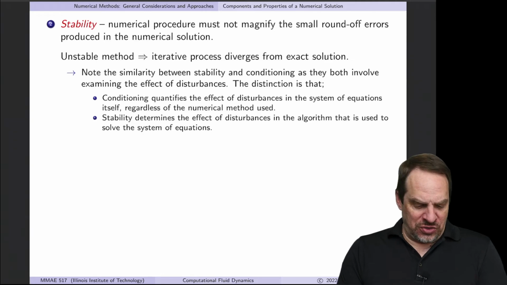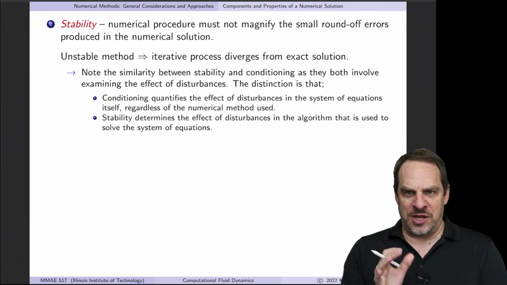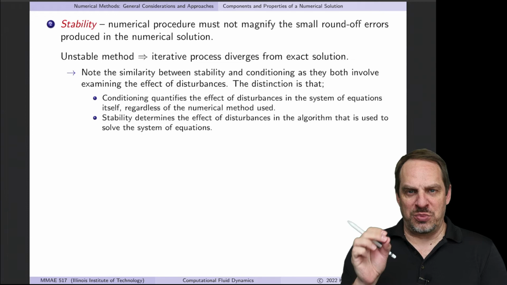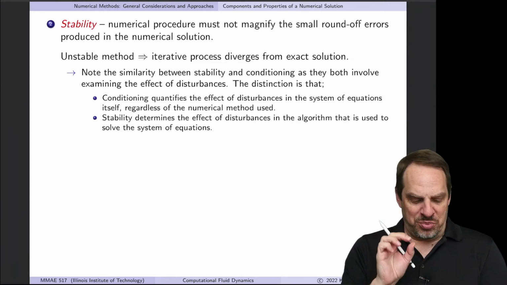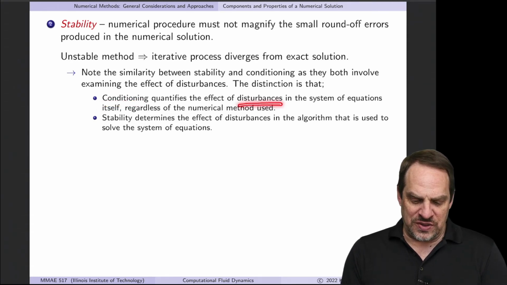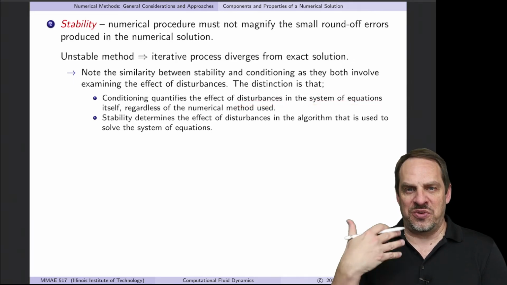Now, there's a closely associated property known as conditioning that we're going to look at in the next video. These are not the same. They sound similar because they're looking at what happens when I introduce small disturbances into my solution algorithm, but they're a little bit different. So conditioning quantifies the effect of disturbances in the system of equations itself, the linear system of algebraic equations.